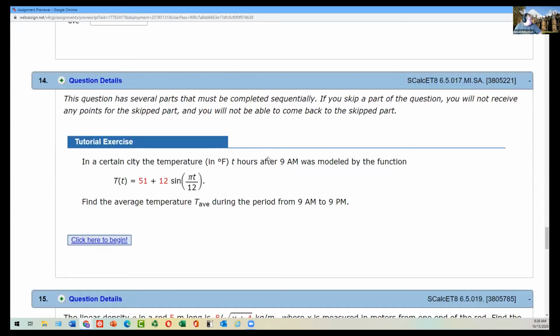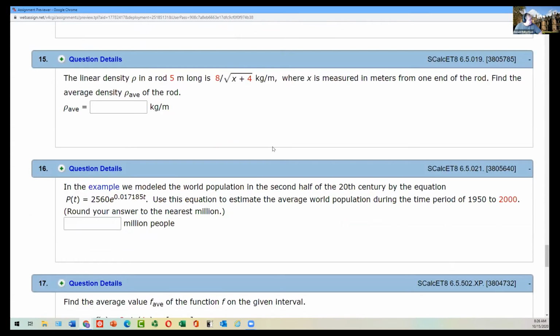And here's a tutorial version of the same question. This question here just makes it sound like it's not what we're doing, but this is your f of x. And you're being asked to find the average value from 0 to 5. That's just what it means. So f of x is this ugly fraction, and you're going to find the average value from 0 to 5. Now, you are going to have to do 8 over the square root of x plus 4.